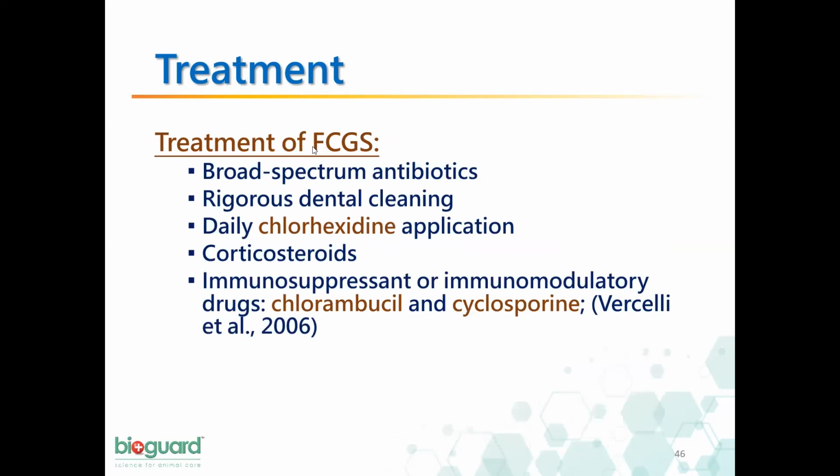When there is a stage of FCGS, we can use broad spectrum antibiotics to treat those chronic symptoms or clinical signs. It is also recommended that we properly do dental cleaning, and we can use some chlorhexidine to apply in the oral and dental area.